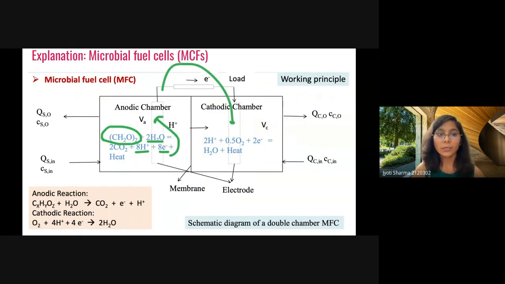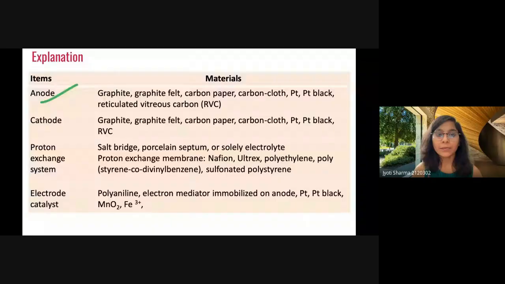And this is how it will move and generate the energy, and this is how it will also treat your wastewater. Coming to the answer of your MCQ, for the anode, the material may be graphite felt, carbon paper, carbon cloth, palladium black and reticulated vitreous carbon.